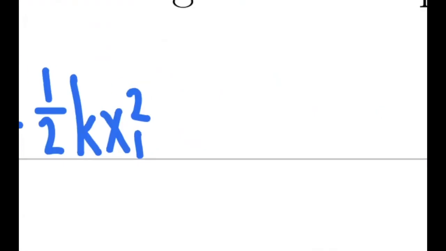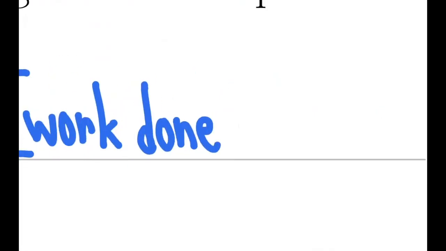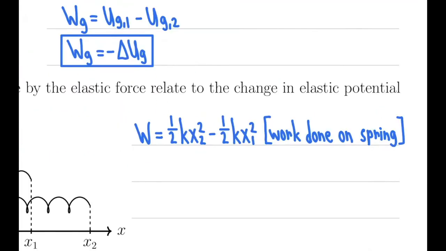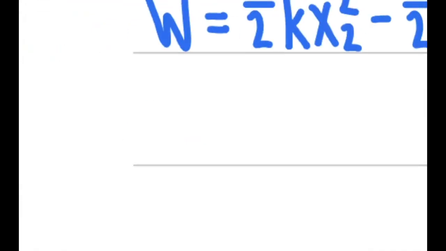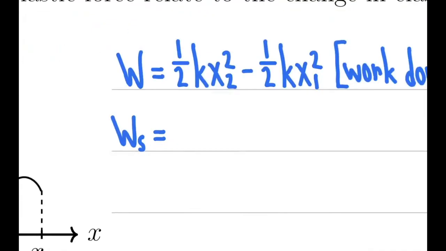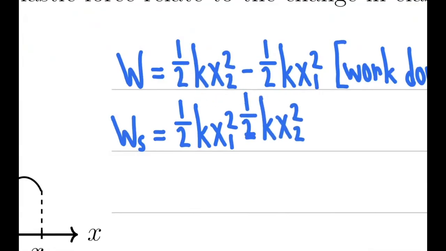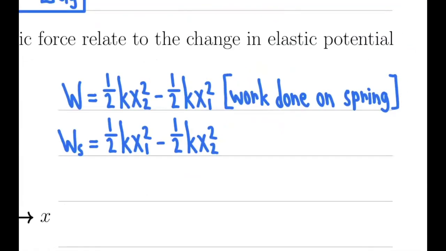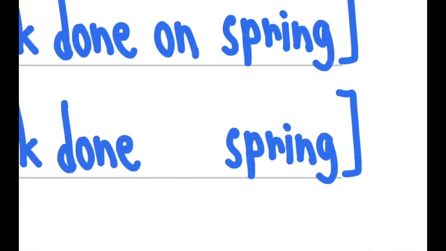So this is the work done on a spring. And the work done by a spring is just going to be the opposite of this. You just have to switch these two terms.